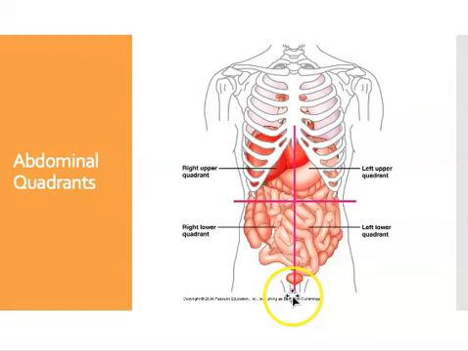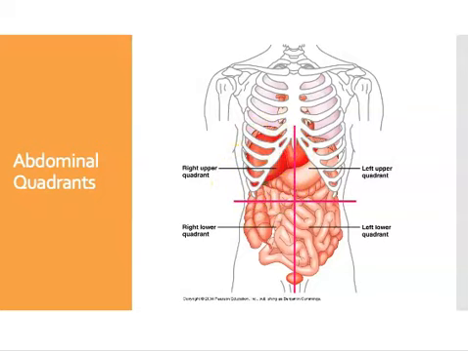So when we look at a human standing upright and facing us, we can draw a line vertically through the center of the abdominal cavity and a line horizontally right underneath the rib cage. So with the person facing us, that would make this the right upper quadrant.